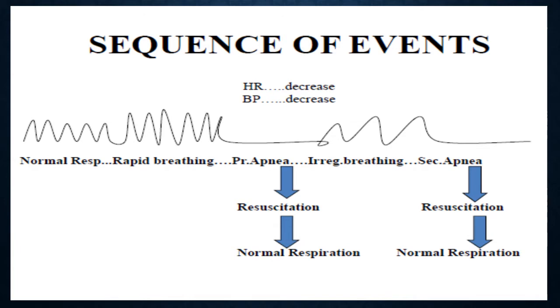The difference between primary apnea and secondary apnea is very important, because if you catch a baby in a stage of primary apnea, it's reversible. You can resuscitate this baby and it can return to normal respiratory activity. But in the case of secondary apnea, it's a non-reversible situation.